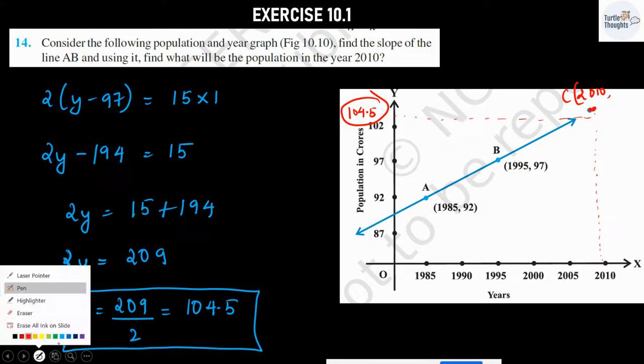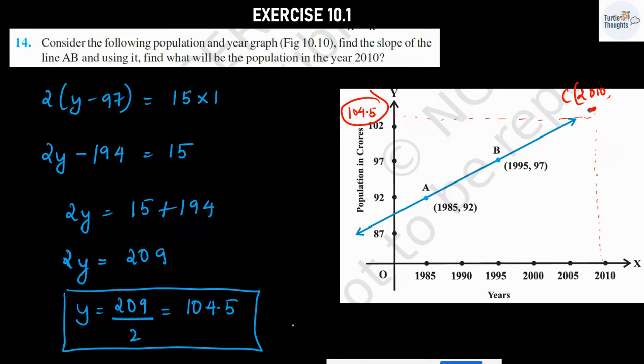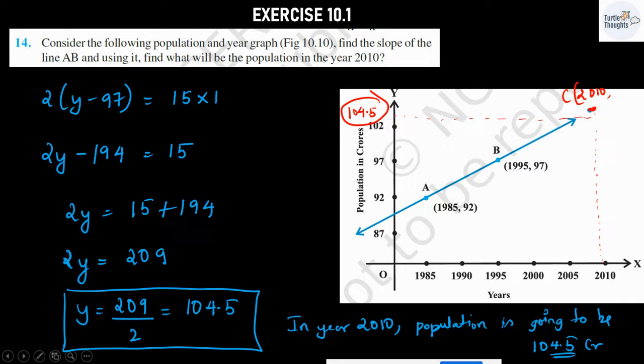So you can write your final answer that in the year 2010 the population is going to be 104.5 crores. This is how you will be solving the 14th question.